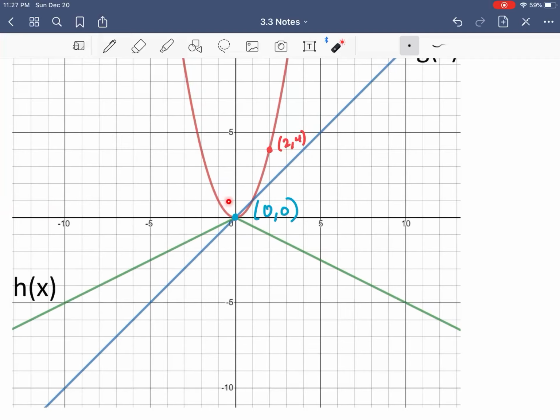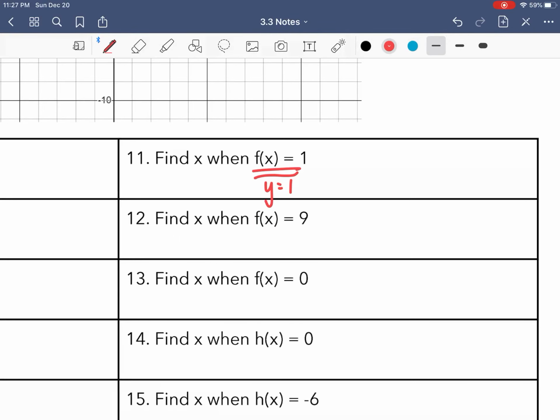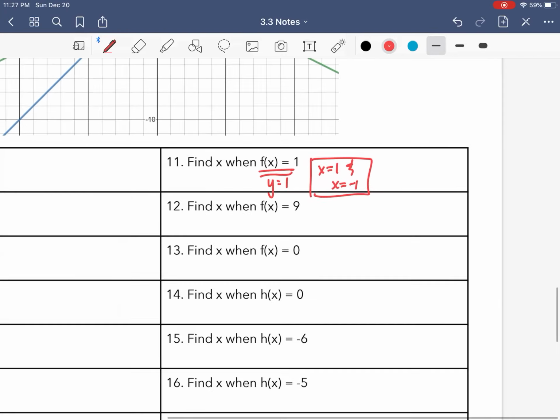Well, I hit it twice, right here and right here. So I have two answers to this one. There are two inputs. -1 gets me an output of 1, and +1 gets me an output of 1. There's this point and this point along that line: -1, comma 1, and 1, comma 1. So this is x equals 1 and x equals -1. Two answers.